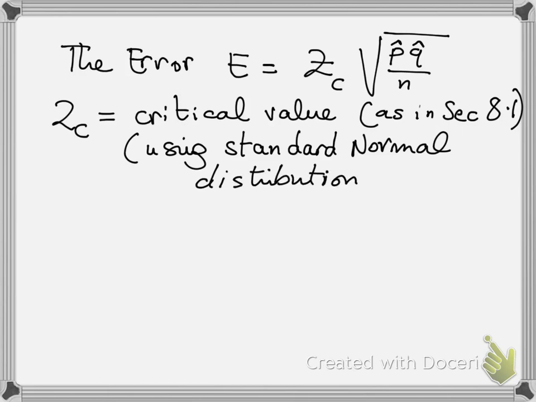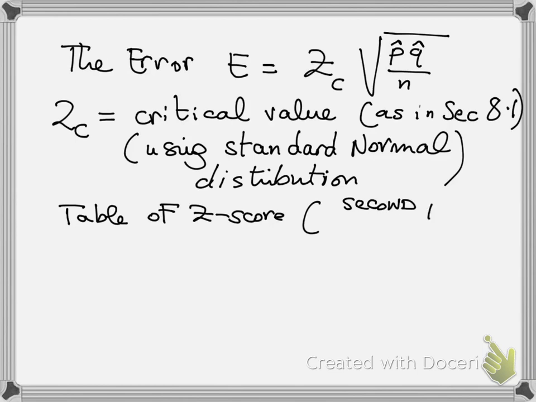In the bottom of page 2 of the table of the z-score, you can find the critical values for a given confidence interval.